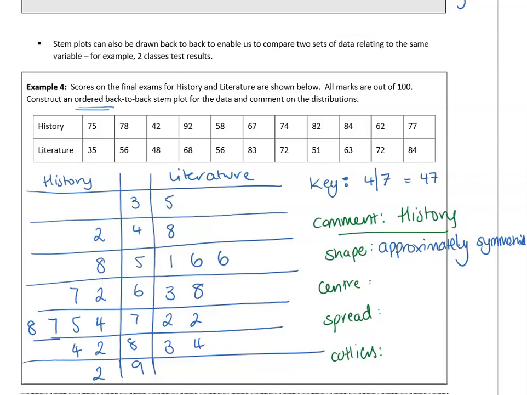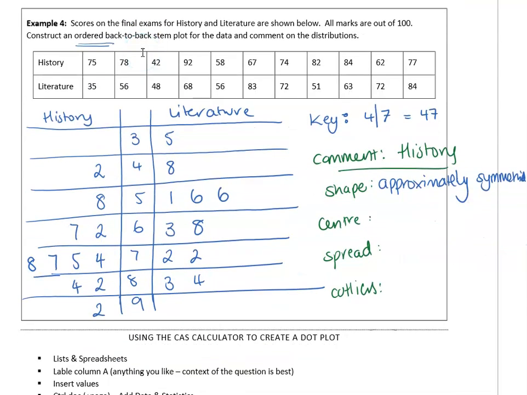Centre is given by the median. So this is where it's important that we have got our data in order. Our median value out of our 11 values, the position for our median is n plus 1 divided by 2, so it will be the 6th value.